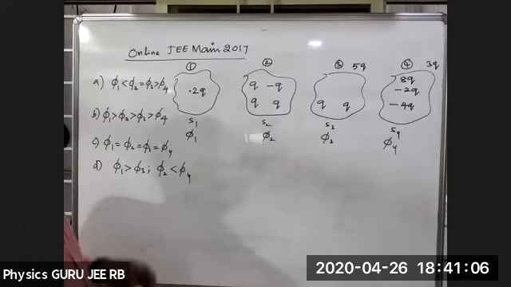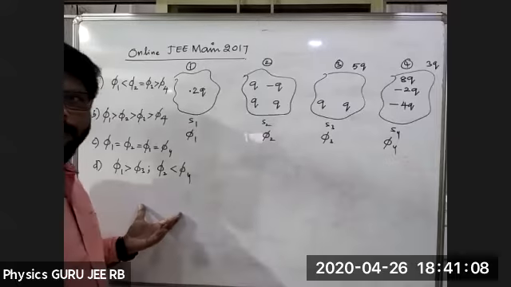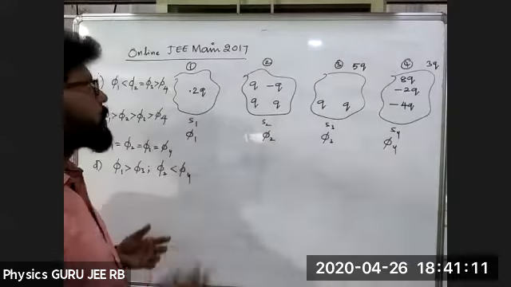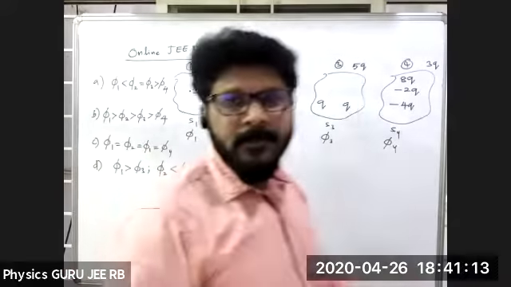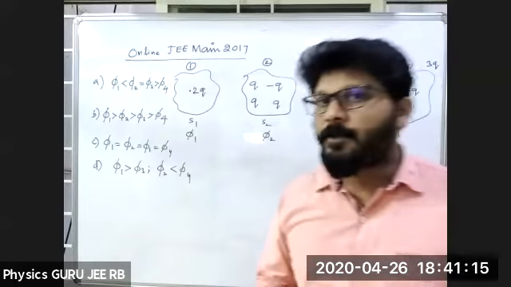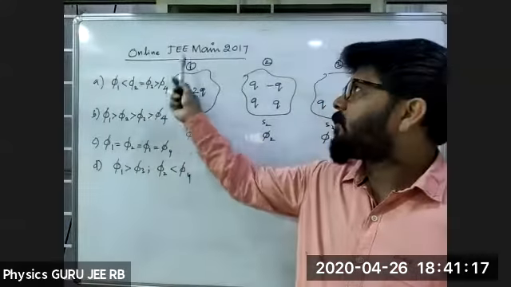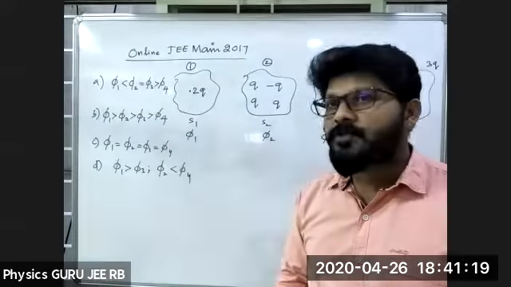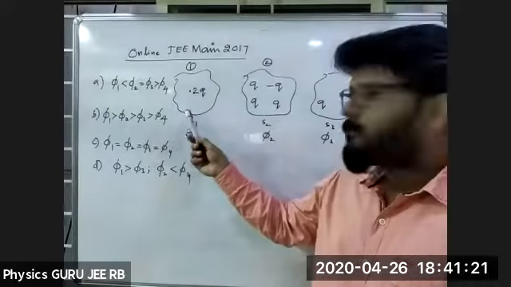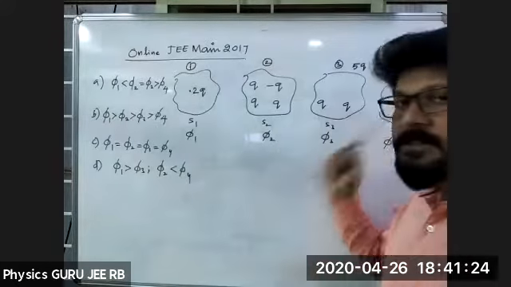Right, so this is based on the application of Gauss law, or flux linked with a closed surface, which was given in JEE Mains 2017 online. Here 4 surfaces are given.